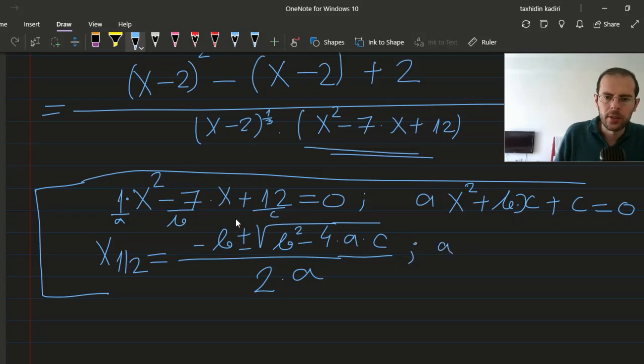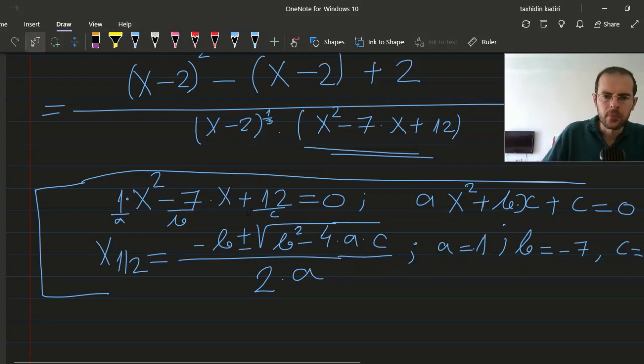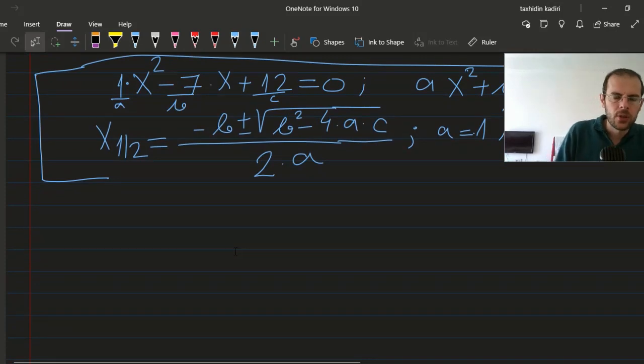Now we can write a is 1 according to this formula, b is minus 7, c is 12. Can you see from this equation? Now we must substitute here.